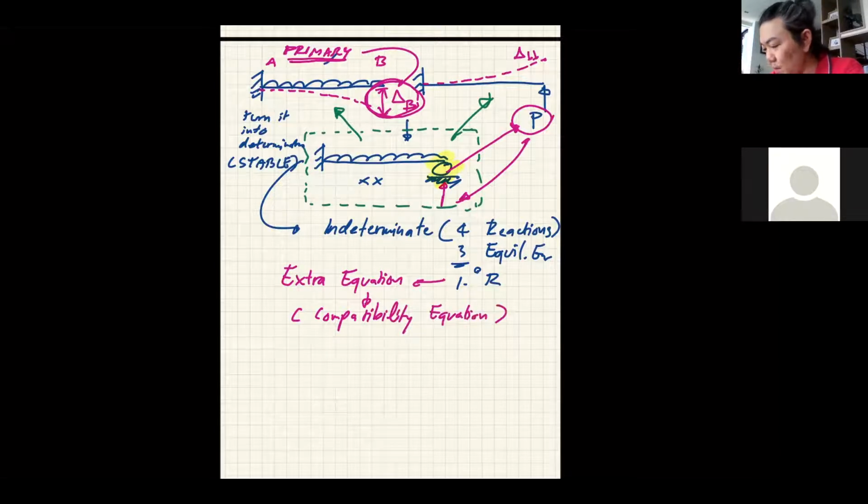And this goes like this: because they are equal but in the opposite direction, I can say delta B plus delta BB must be 0. So keep in mind that this delta B is the displacement of your primary structure.